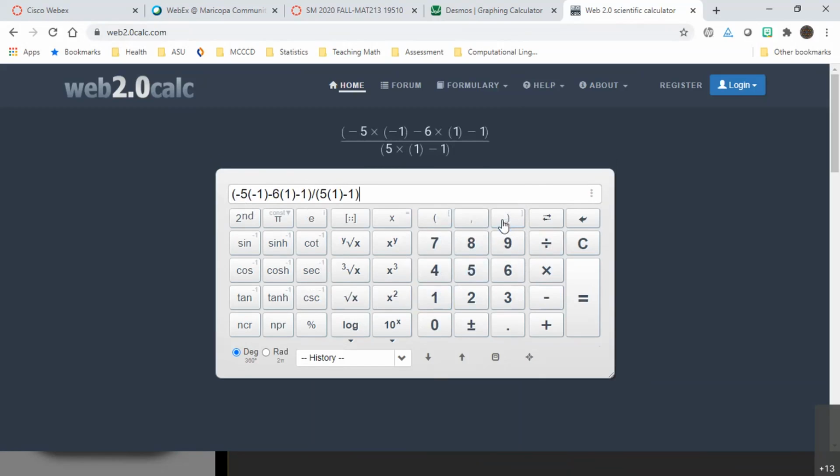Close the parentheses on the denominator. Do you see how it rendered it like a fraction? This is what you need to check on this calculator to make sure it looks like what you expect. This should look like what you wrote on your paper. Again, this will probably render the answer as a decimal, but it does render it as a fraction up here.